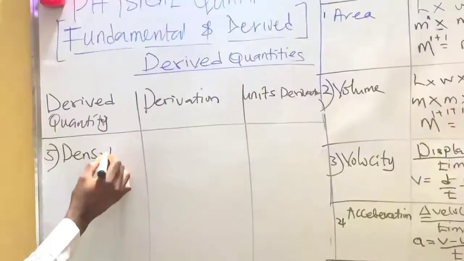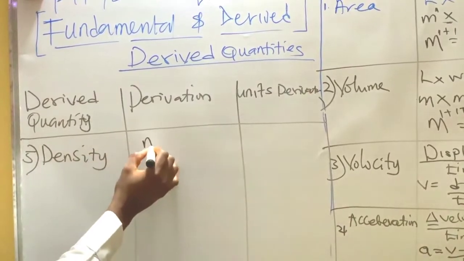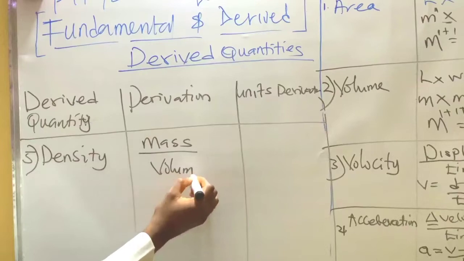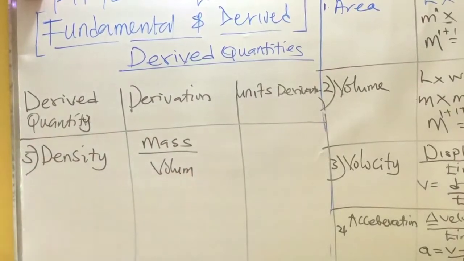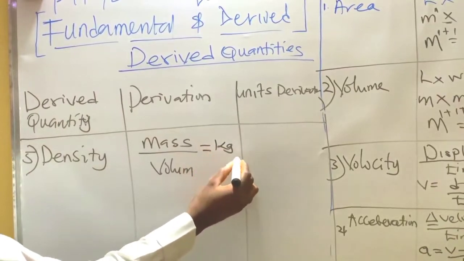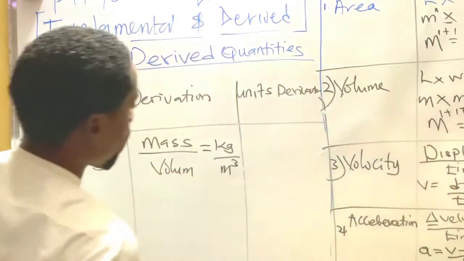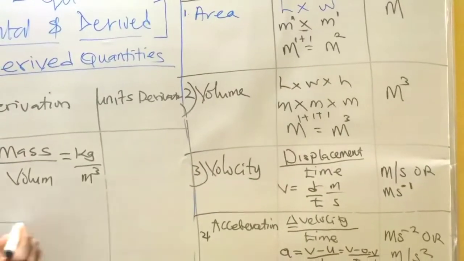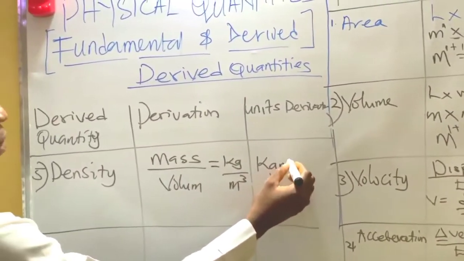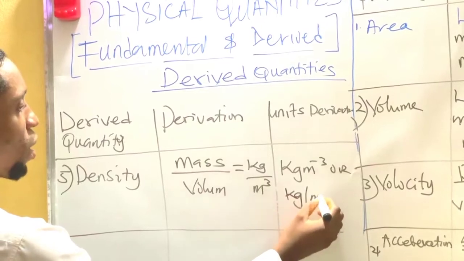Density is mass over volume. Mass is measured in what? Kg. Volume is measured in what? Meter cube. Look at it here. So the SI unit of density is kilogram per meter cube.